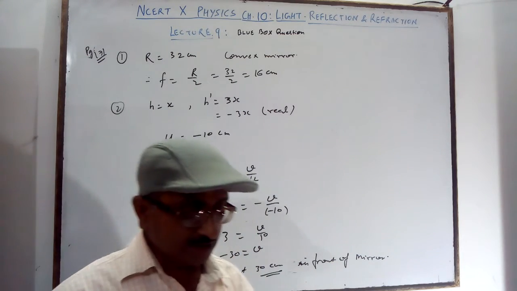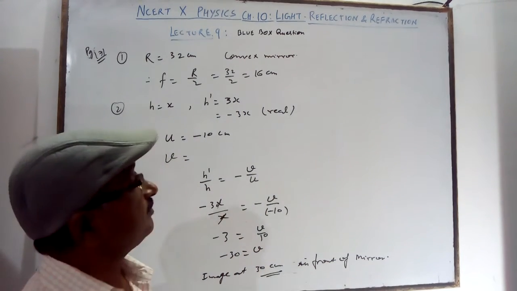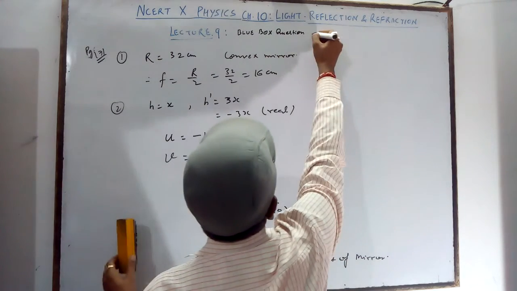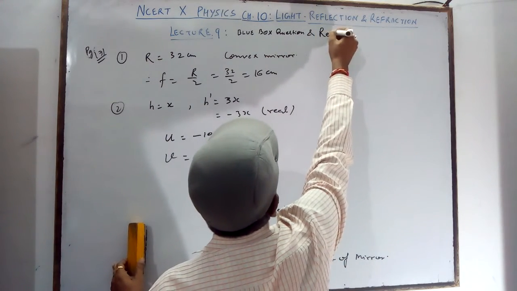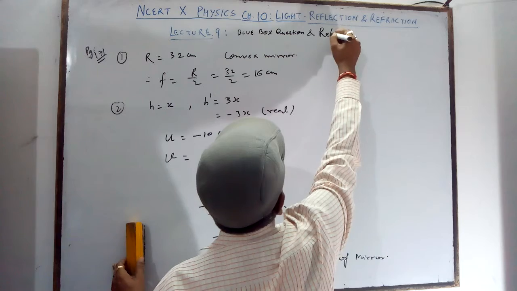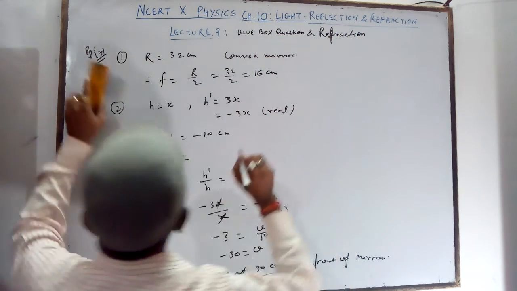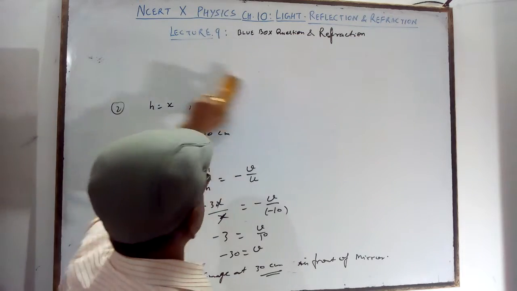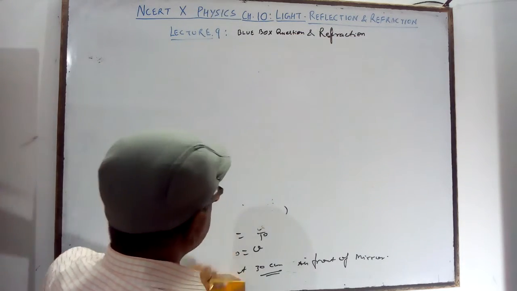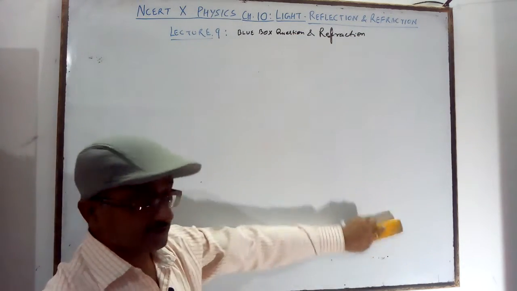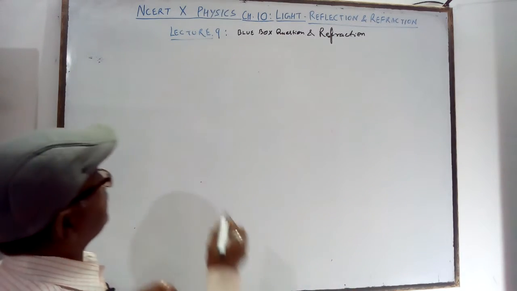Next topic is given: refraction of the light. Do you know refraction? Refraction is a process when light enters from rarer medium to denser medium. There are two mediums, rarer medium and denser medium.